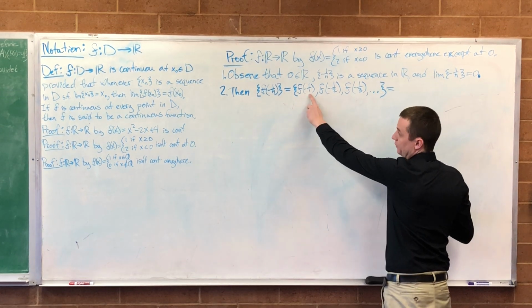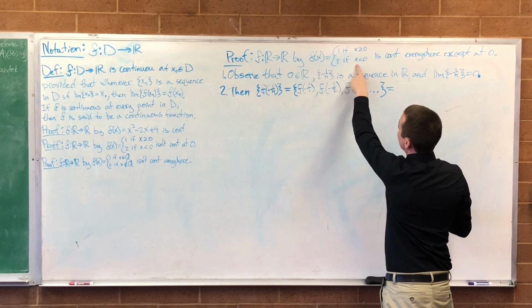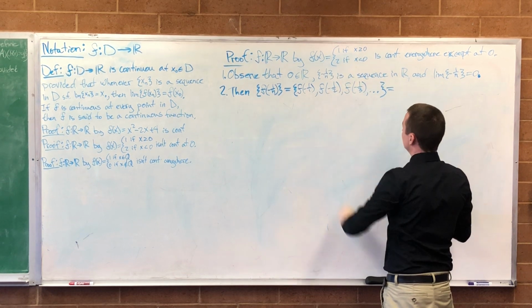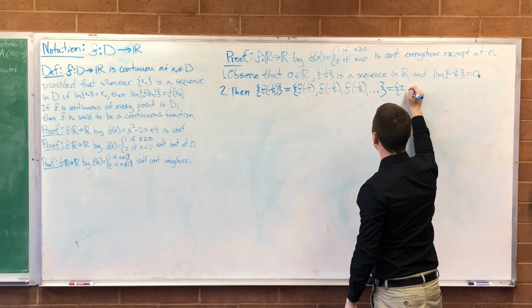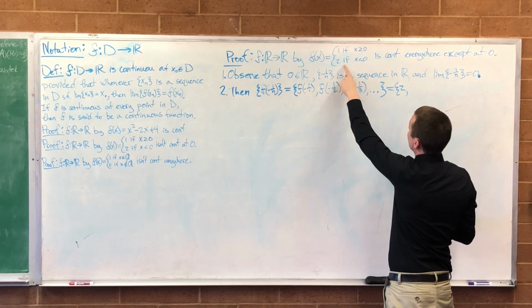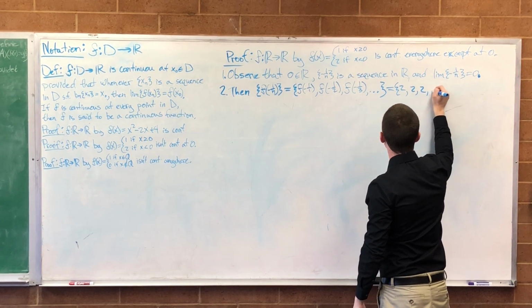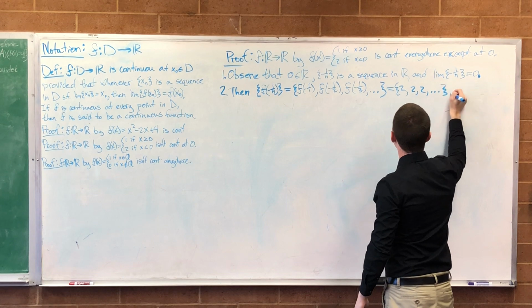What is f of negative 1? Negative 1 is less than 0, so it's 2. What is f of negative 1/2? Negative 1/2 is less than 0, so it's 2. Right?